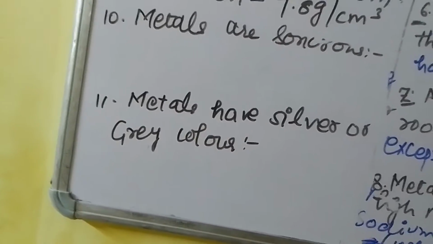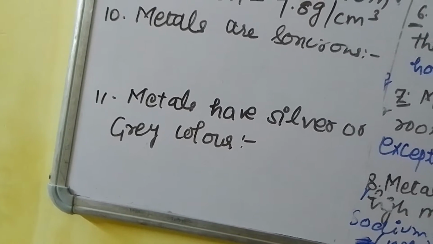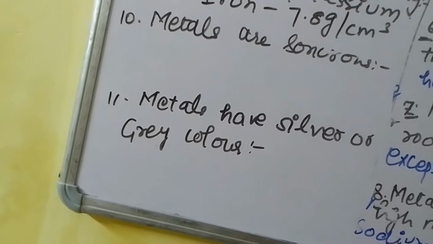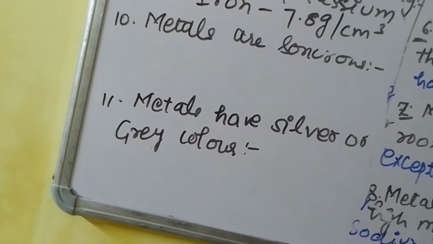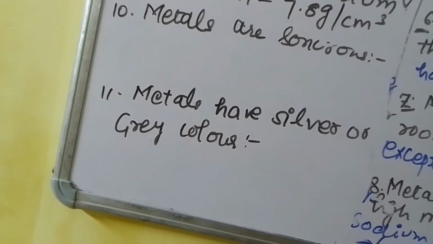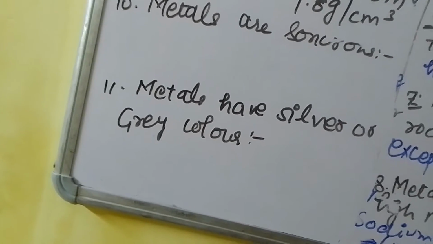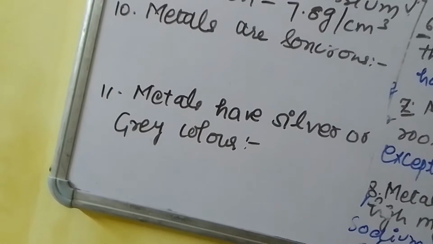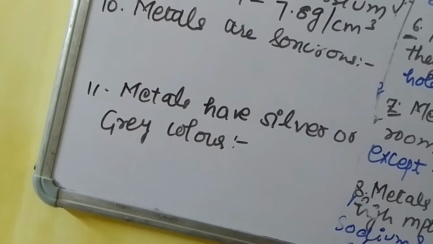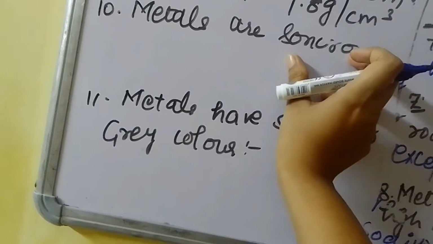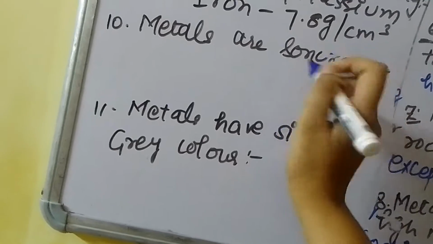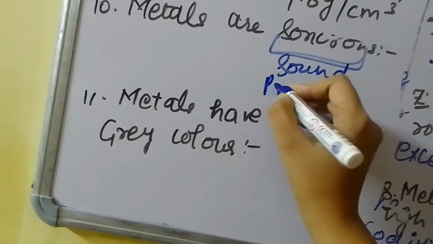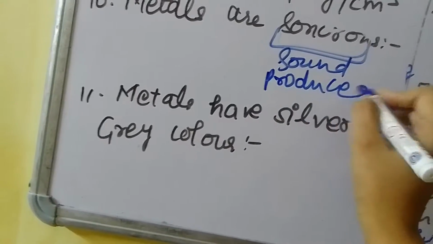Like when you strike a bell, it produces a sound. Take another example like manjira, and wires for string musical instruments such as violin and guitar. They produce a sound because of the property of metals, right? So all metals produce sound.